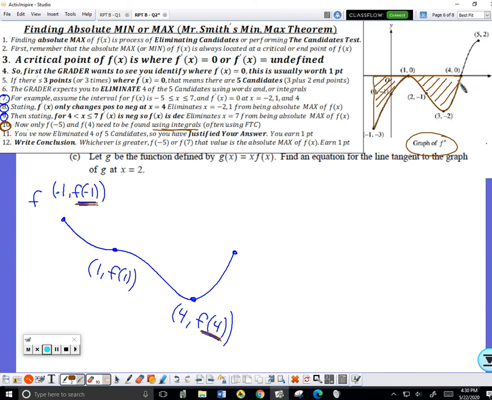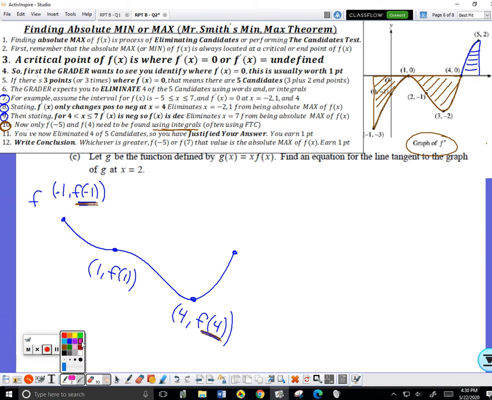The area above gets counted positively. So you can make an argument like so. Remember, whenever you integrate f prime, you are finding out how much f changes.